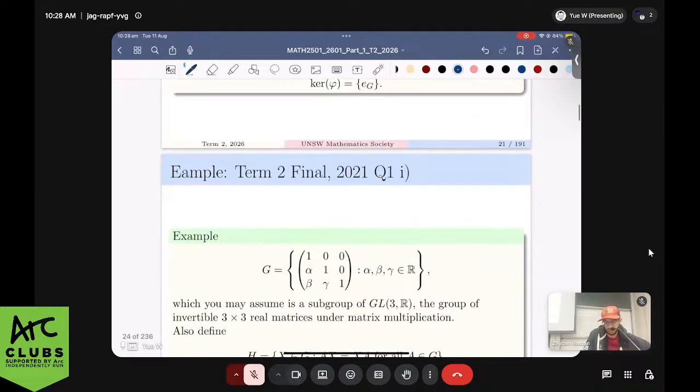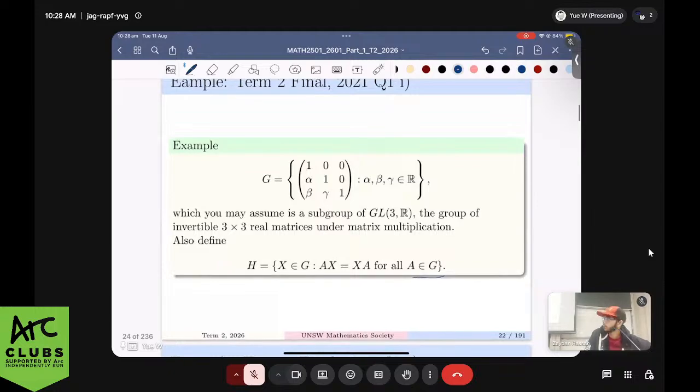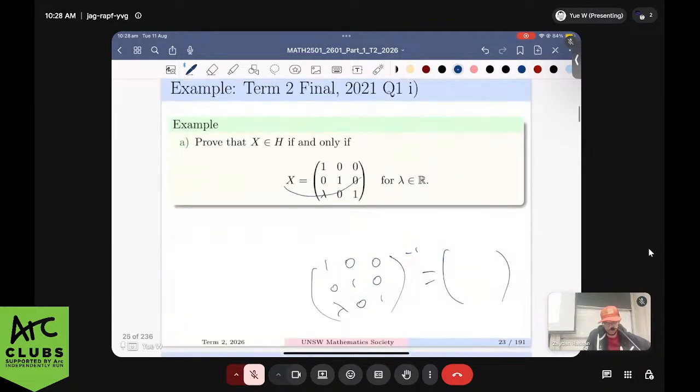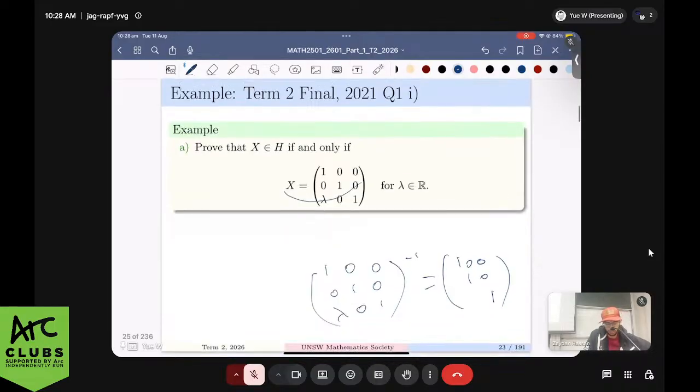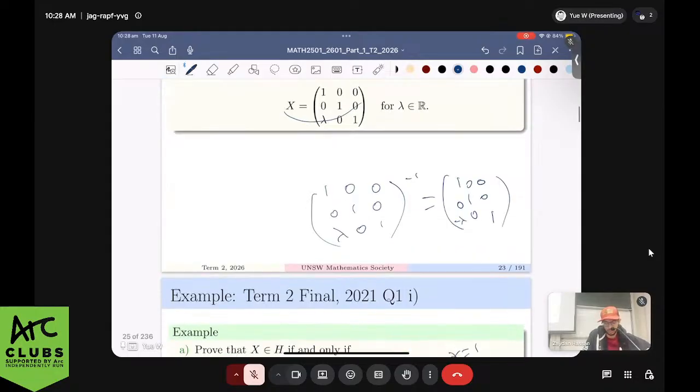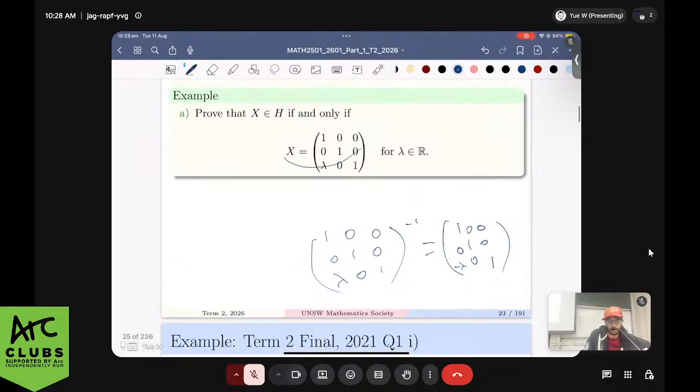So we expect it to have this sort of structure at least. So the inverse should still be like this. And then these last entries, we don't know. Now, you can kind of just guess that it would be something like this, minus lambda. And you can check that this does actually work with the multiplication. So this is actually closed under inverses because this is still an element of H. We showed that all the elements of H are of this form.